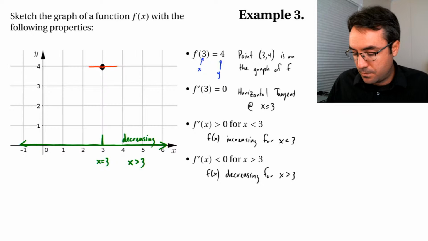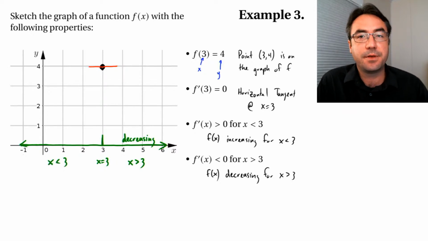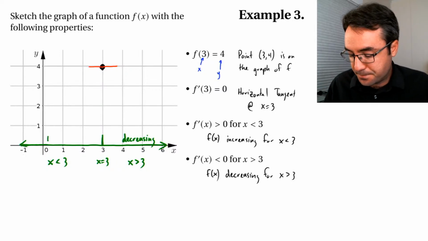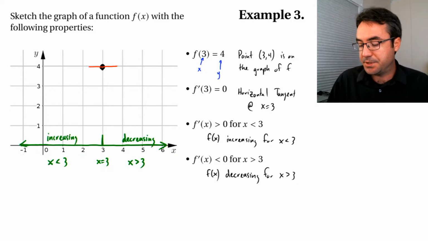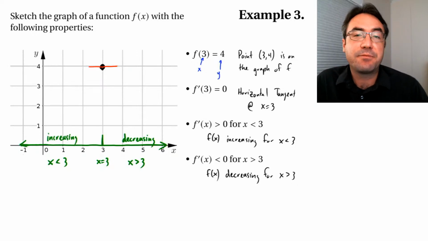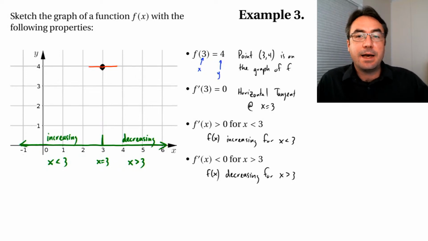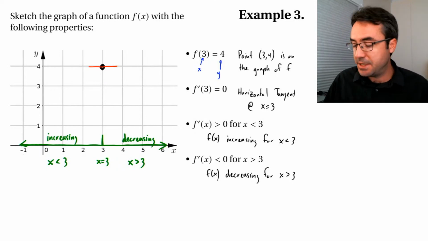And when x is less than 3, that means we're on this side of the x-axis, then it means our function is increasing there. And that's what we saw with the property that f prime was positive when x was less than 3. So on the left side there, our function is increasing, and on the right side, our function is decreasing.